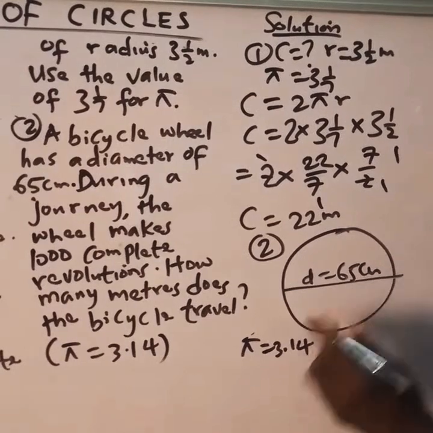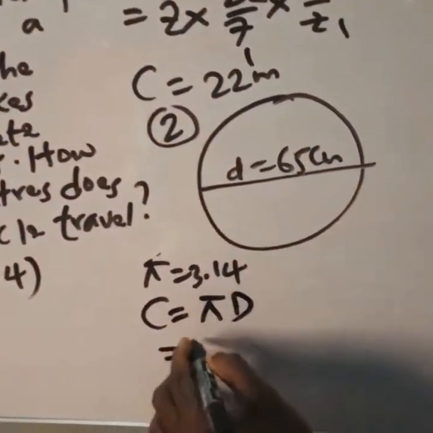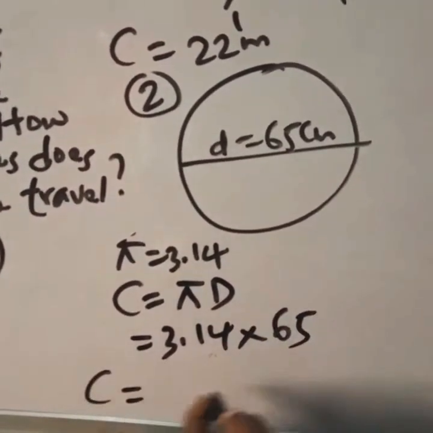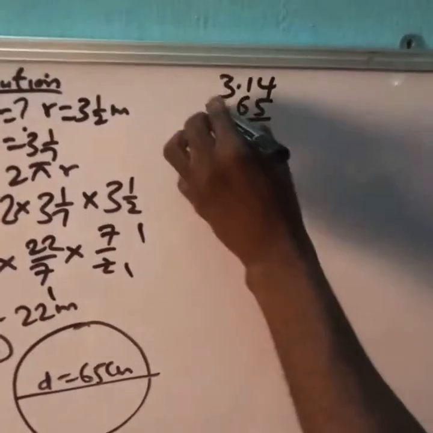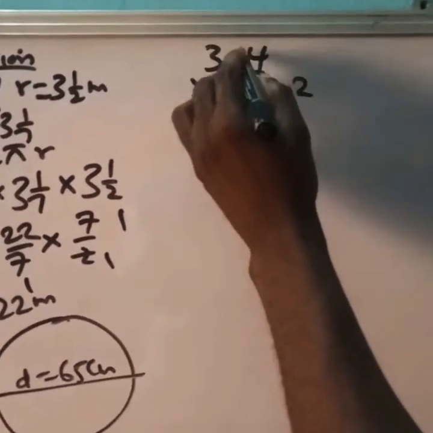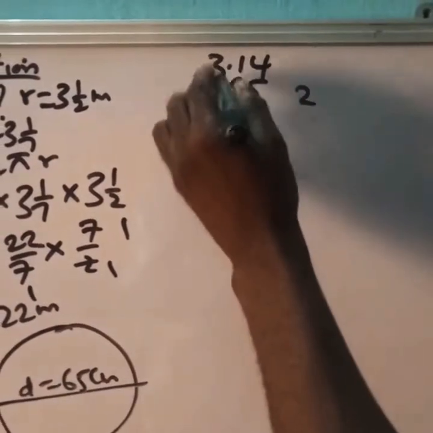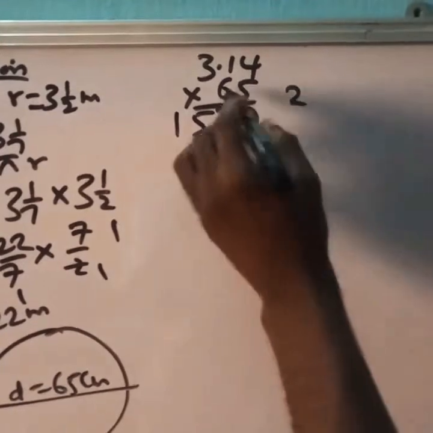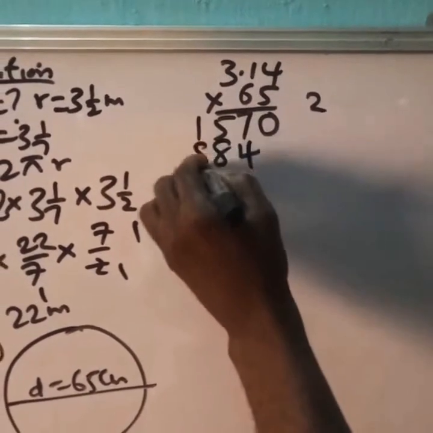Since you are given diameter, we make use of pi d for your circumference, and the pi is 3.14 times 65. So c is this. 3.14 times 65: 5 times 4, 20, 0 carry 2, 5 times 1, 5, plus 2, 7, 5 times 3, 15. 6 times 4, 24, carry 2, 6 times 1, 6, plus 2, 8, 6 times 3, 18.